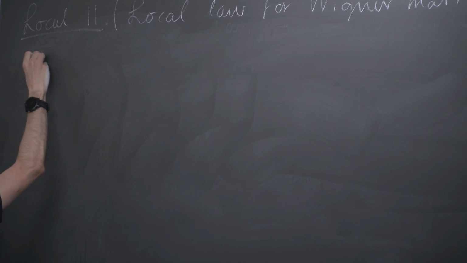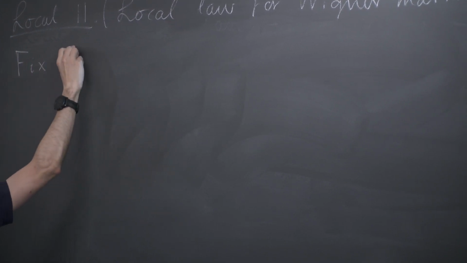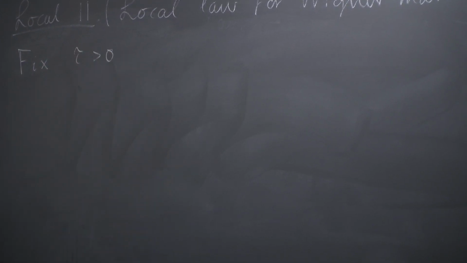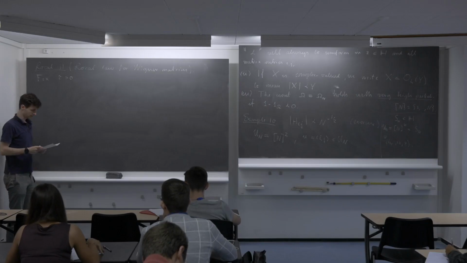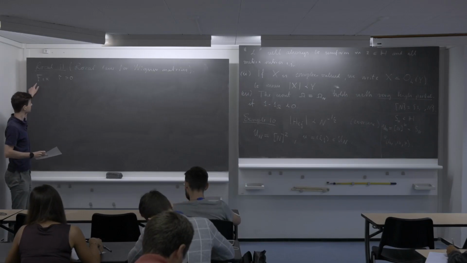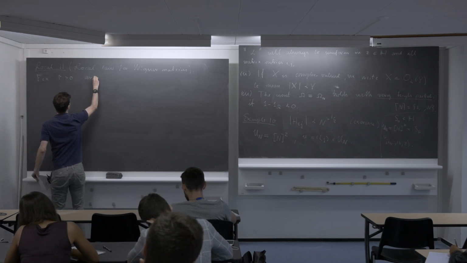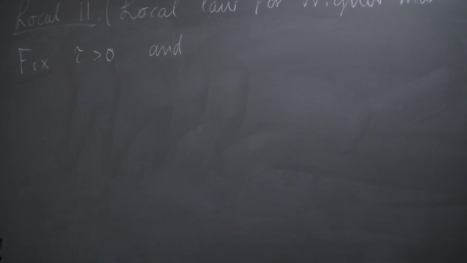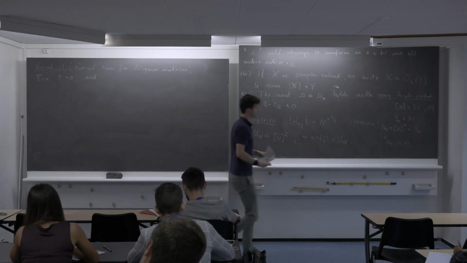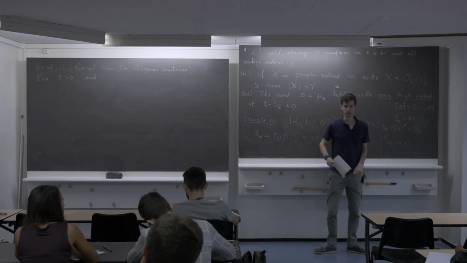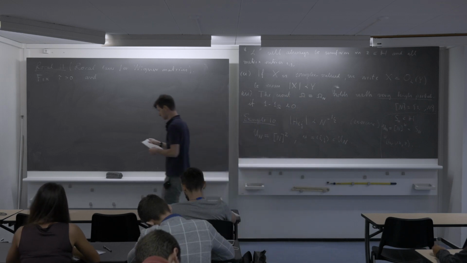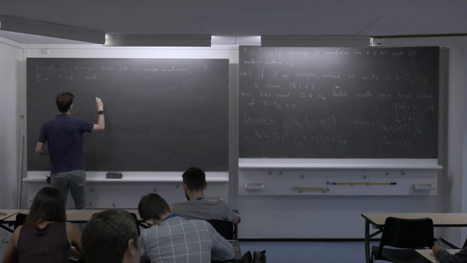So what is the statement? I will fix some positive number tau, which cannot depend on n. If I write fix, it means things cannot depend on n. And I will define this subset that I called S. It's going to be a subset of the upper half plane where my spectral parameter z will be allowed to lie.